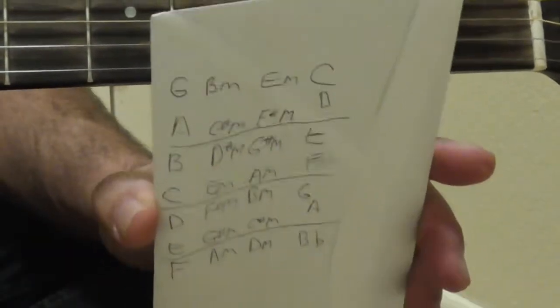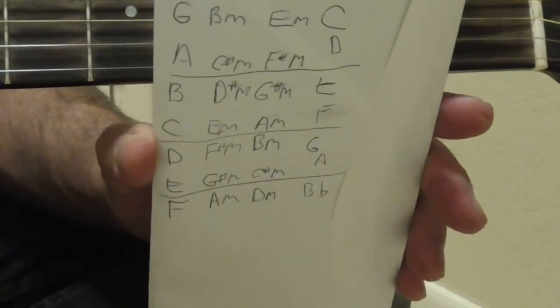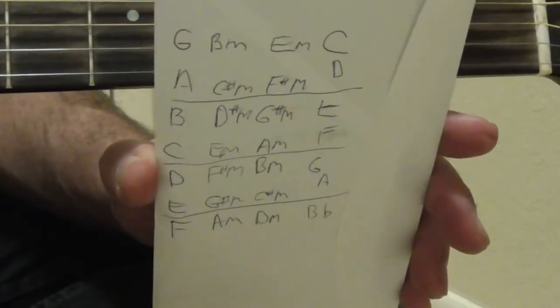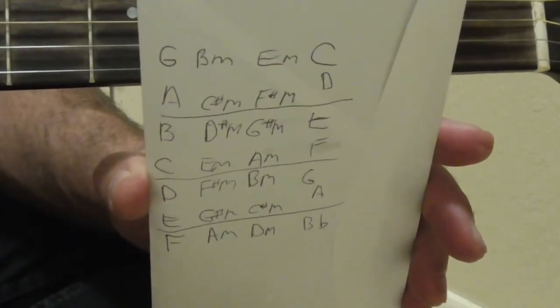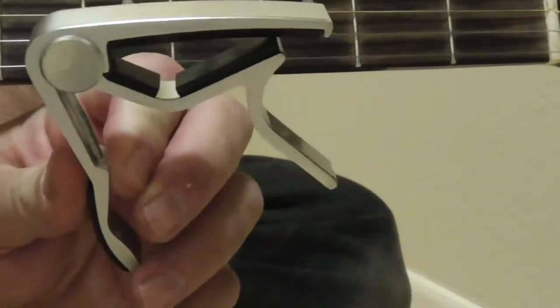You don't have to start screwing around with notes and calculations. You just play. And you sound awesome, and people think you are a pro. That is why you play with a capo.